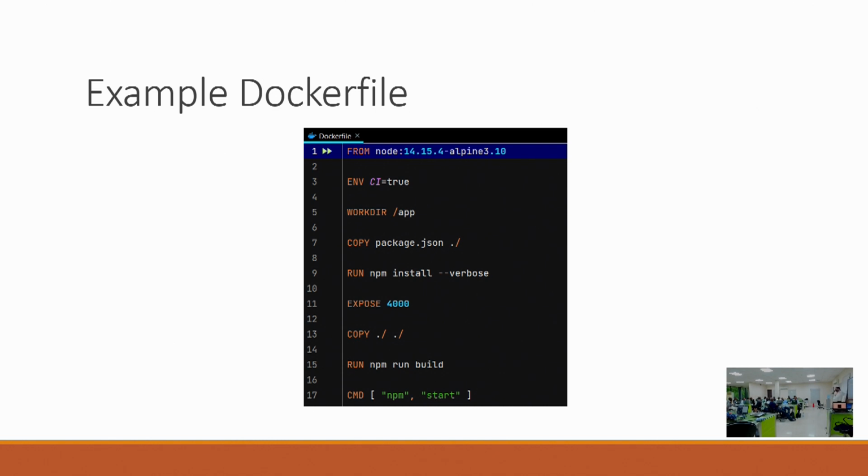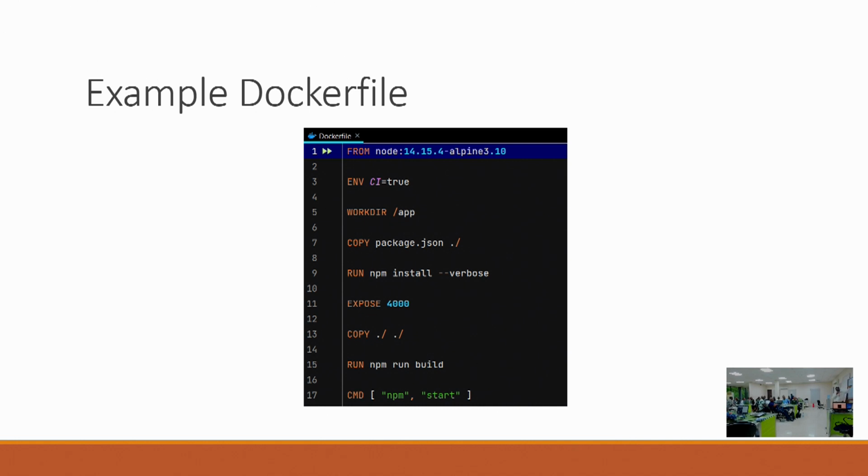If I'm trying to create a Django server, it's Python that would be here, Python 3.7. If I'm trying to create a Spring application, it's Java that we have. So here I'm trying to create a Node server, so I'm having Node.js here.